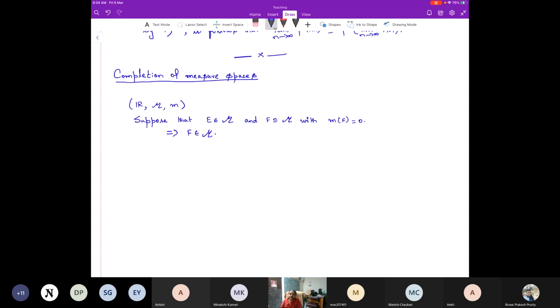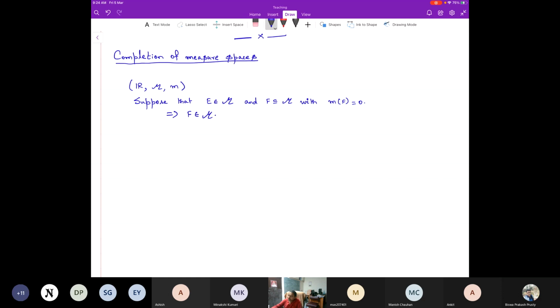This we have seen. In fact, any set of measure 0 is a Lebesgue measurable set. That much is known to us. There is nothing special about this F. So what does it tell us? It tells us that if you have a Lebesgue measurable set and a subset having 0 measure, then such a set is also Lebesgue measurable.